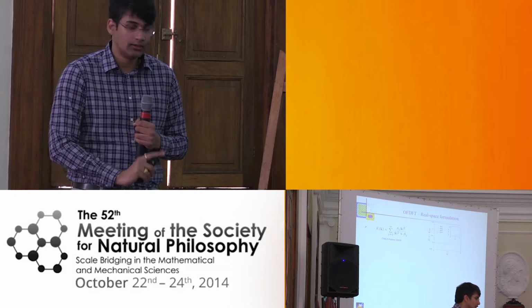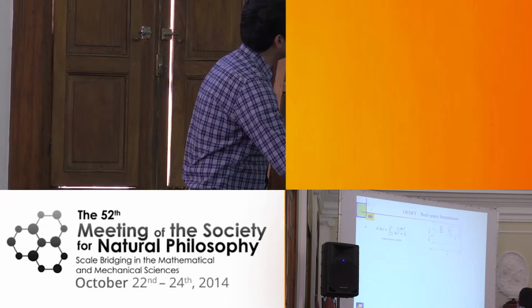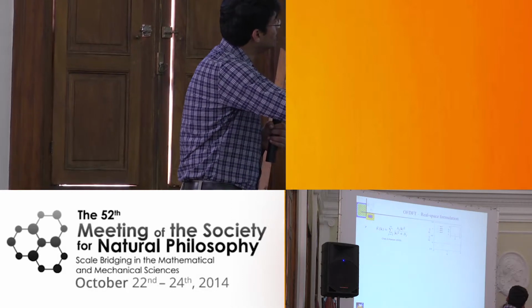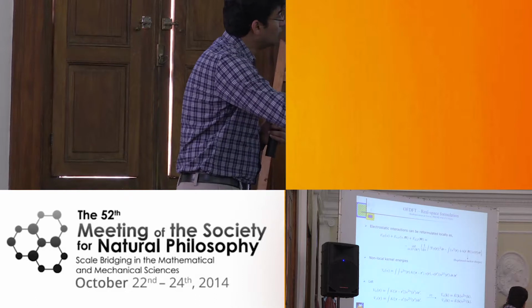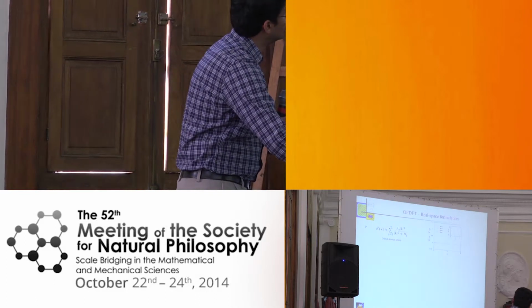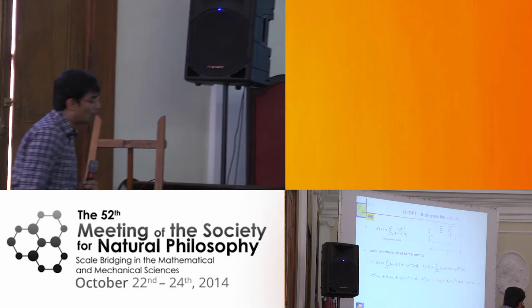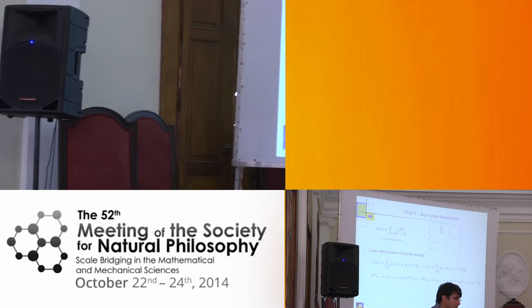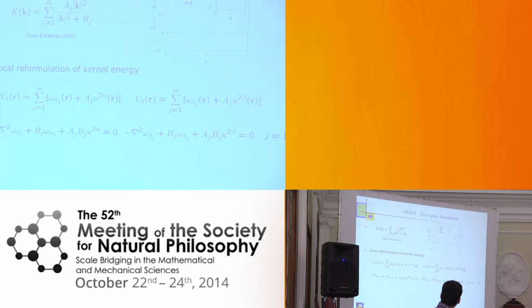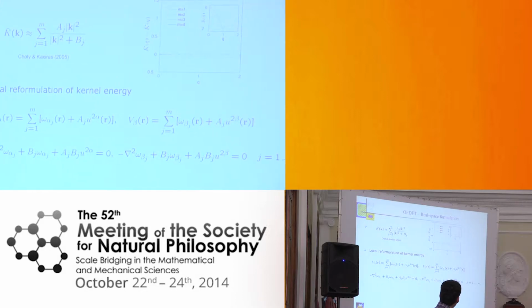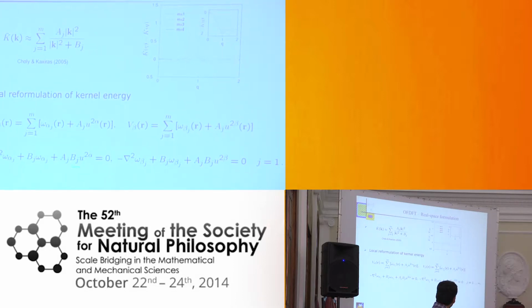And this is a good representation or approximation, because when we use this particular approximation, plug it in over here, and take the inverse Fourier transform, what we end up getting is essentially Helmholtz equations. So we could write V alpha and V beta in terms of these omega alpha and omega beta, which are essentially solutions of these Helmholtz equations.